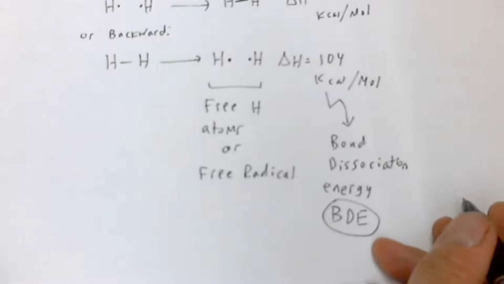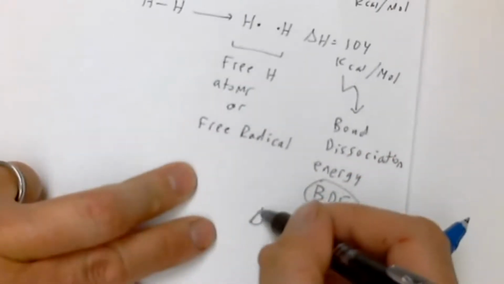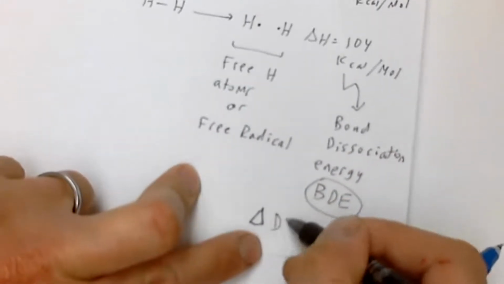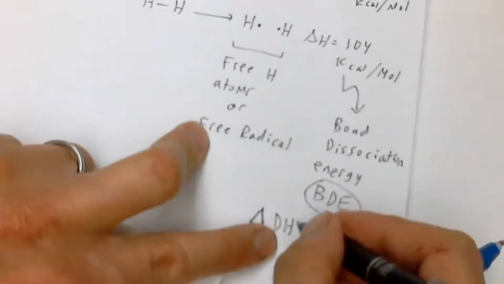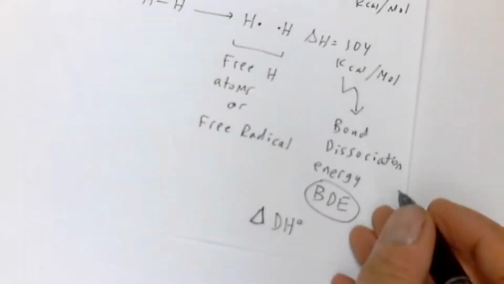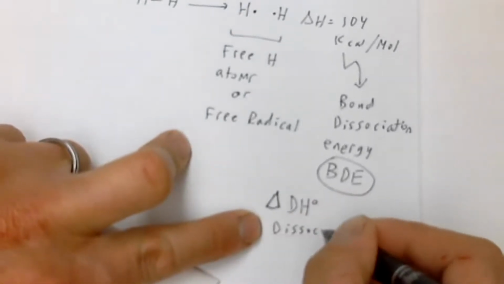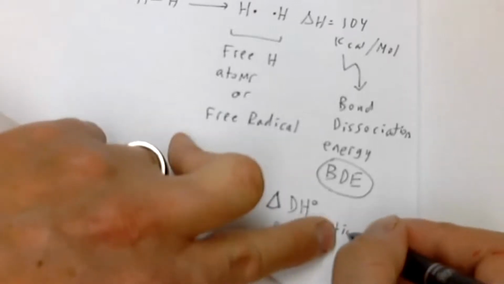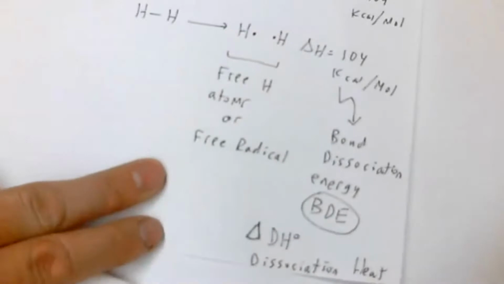It also has one other name. Delta H under standard conditions is called dissociation heat.